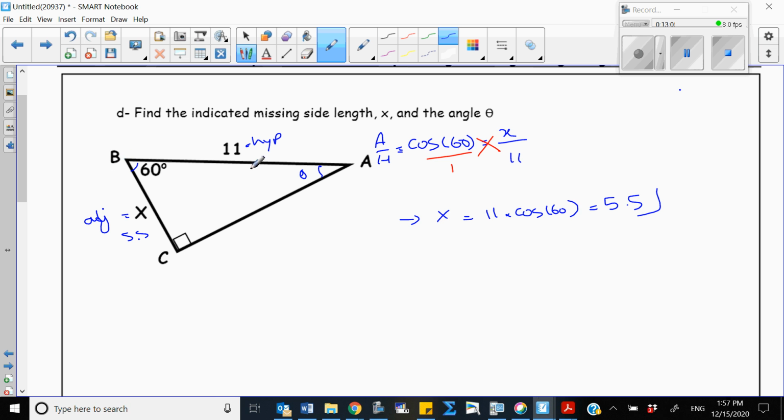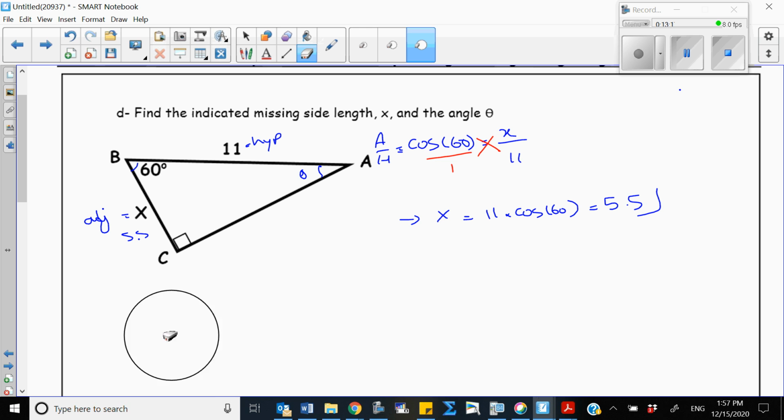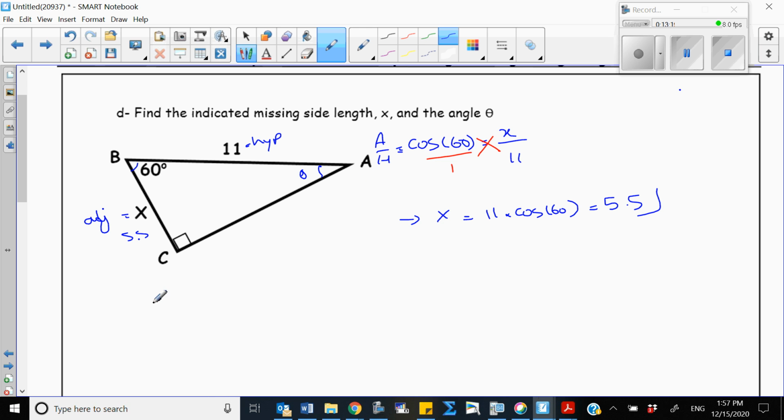I have a triangle and I know that if I add all the angles in a triangle, they will add up to 180. So I know that theta, which is this one, let's call that A. A plus C plus B, I know they will all add up to 180. I have the B, which is 60. Also, I have C, this one is 90.